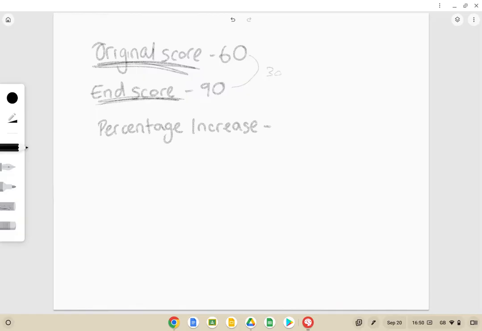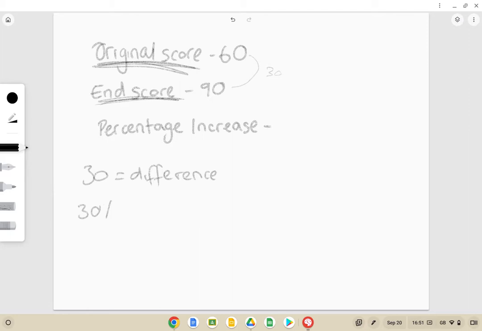Okay, so what you have to do is work out the difference, and the difference in this case is 30. Then you divide 30 by 60.